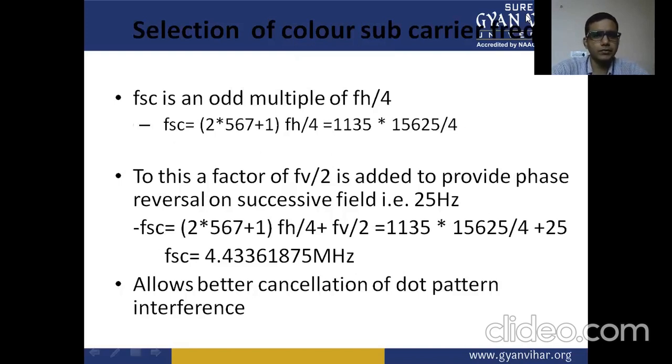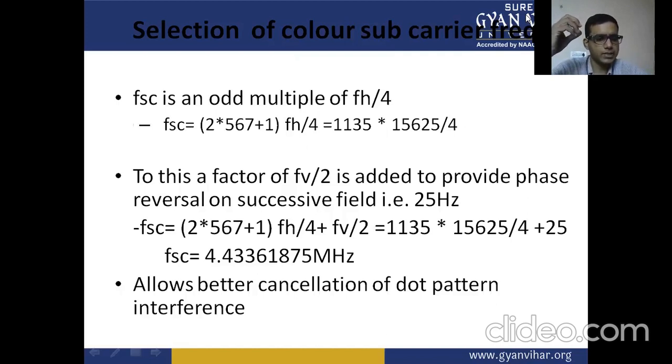Now the selection of the color subcarrier frequencies. F stands for the frequency. Subcarrier is an odd multiple of Fh upon 4. To this, a factor of Fv upon 2 is added to provide the phase reversal on successive fields, that is 25 Hz.